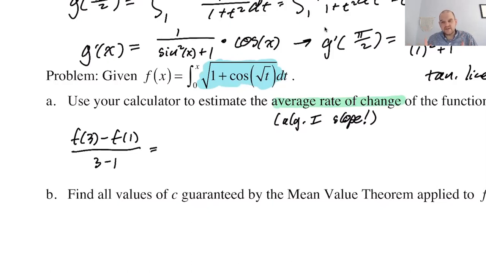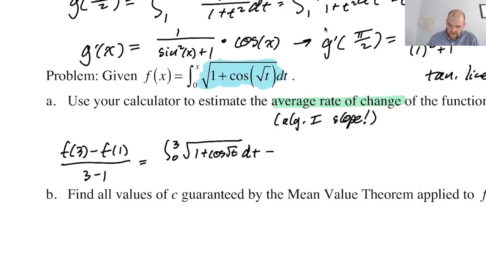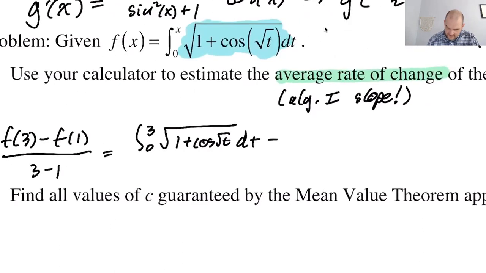Now let's look at this because, and I'll explain why we're looking at it in a second. So if we actually do it, it'll be the integral from 0 to 3 of the square root of 1 plus cosine of the square root of t dt, minus the integral from 0 to 1 of the square root of 1 plus the cosine of the square root of t.